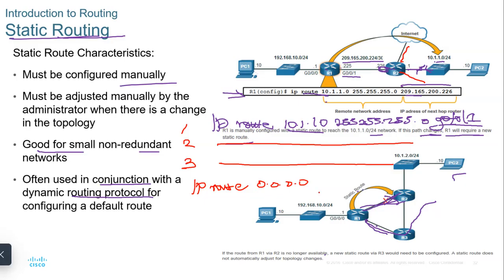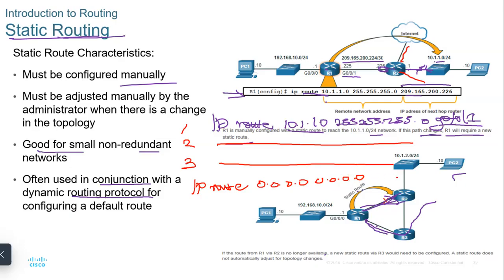I'm not sure of the address, so this means I've generalized every network. This route will help me reach it as long as it is in the same direction. And since I've not specified the network, I will not specify the subnet mask either.